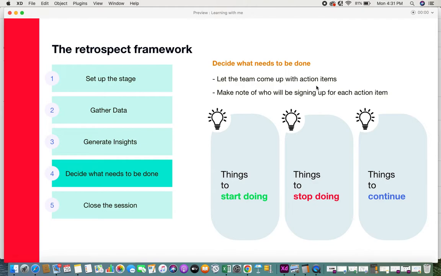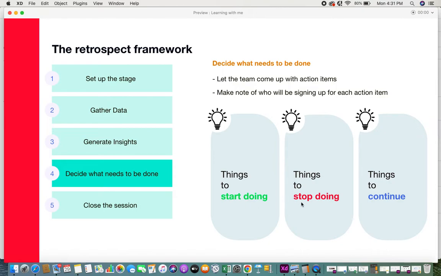So you as a facilitator, you can note down all the action items. And one way that is really nice to take down these action items is not just by taking down a list of action items. It's by segregating them into 3 categories. One is the things that the team might have to start doing in order to make the next iteration better.